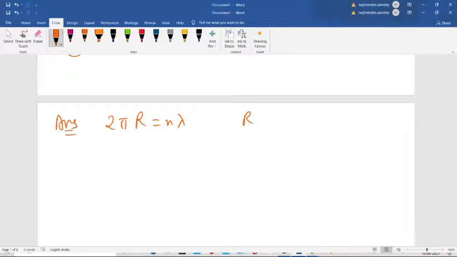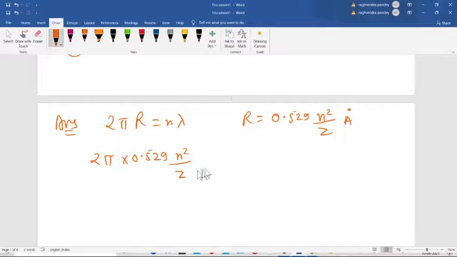Now r is equal to 0.529 n square upon z angstrom. So that is another relation of r. So we'll put 2 pi into 0.529 n square upon z is equal to n lambda. Now z is equal to 1 for hydrogen and cancels out with n.